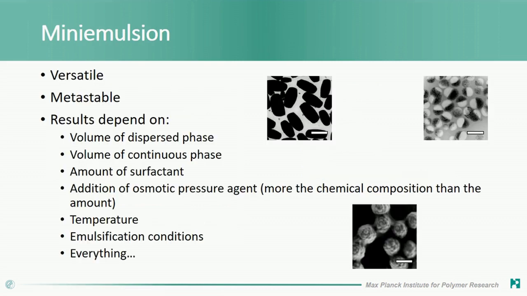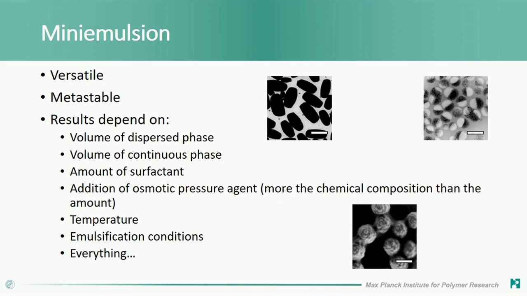So in summary, mini-emulsion is super versatile. We could do all kinds of things, but the system is always metastable. We cannot do anything about it. It's the nature of the mini-emulsion itself. And because it's metastable, it could change over time. And the results that you get depend on everything.